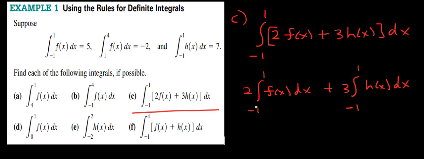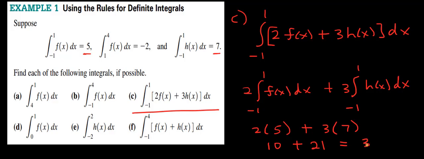Now, is this given? -1 to 1 of f of x? Well, that's going to be 5, so this is going to be 2 times 5. What about h of x from -1 to 1? Well, that's going to be 7. So it's plus 3 times 7. It's going to be 10 plus 21, which is 31.